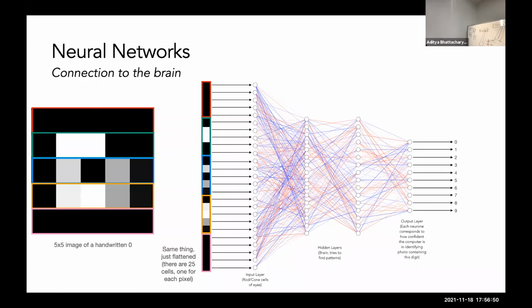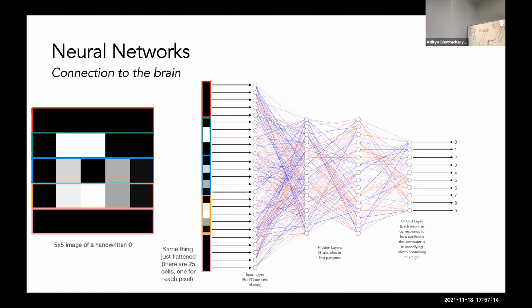Then take all the pixels of the next row and put it right next to it. This is called flattening an image. The reason we want to flatten an image is because dealing with a two-dimensional bunch of numbers isn't really fun, for lack of a better word.